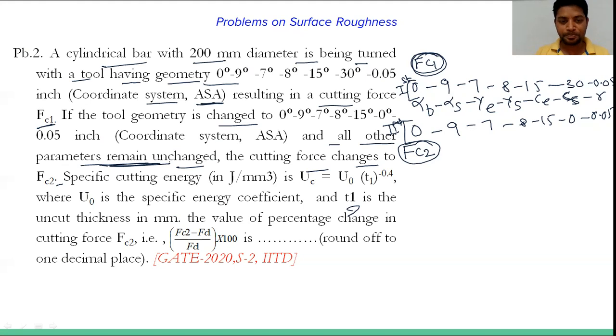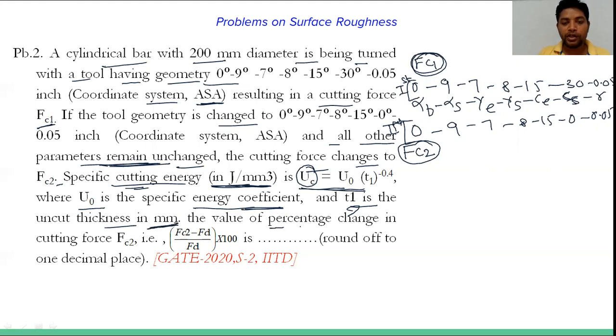Okay, that is unchanged. Now, the specific cutting energy, in joule per mm cube, that is given to you, that is UC equals U naught into T1 raised to minus 0.40. Where UC is the specific cutting energy in joule per mm cube, U naught is the specific energy coefficient, that is, a constant, and T1 is the uncut chip thickness in mm.